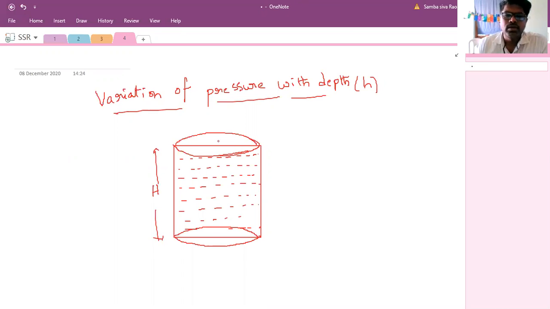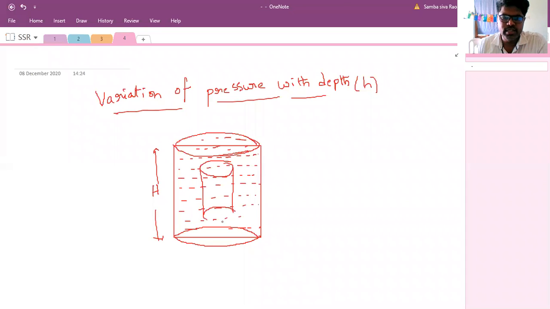Now this is outside, the topmost point, this is the bottom. To understand the variation of the pressure with height or depth, you can imagine one imaginary cylindrical liquid layer.